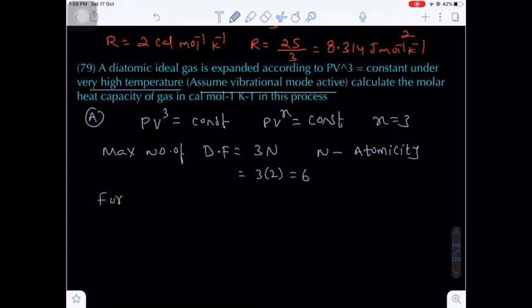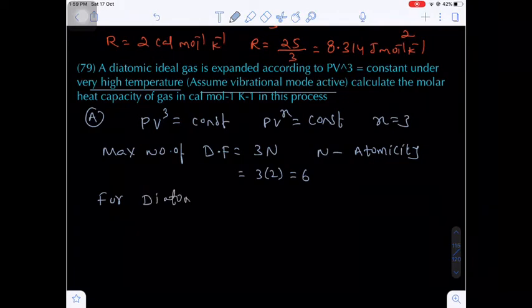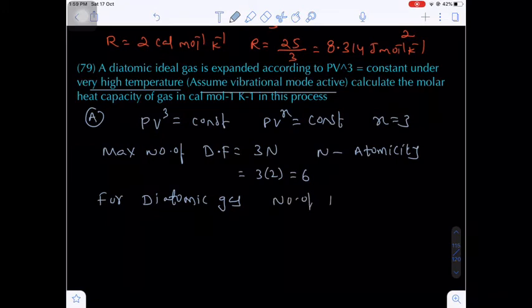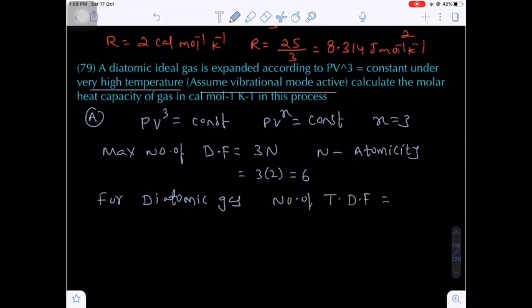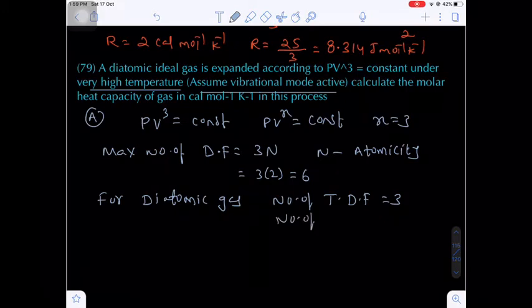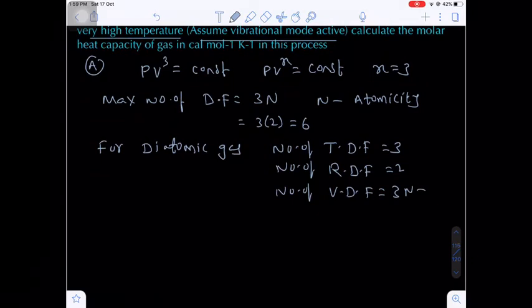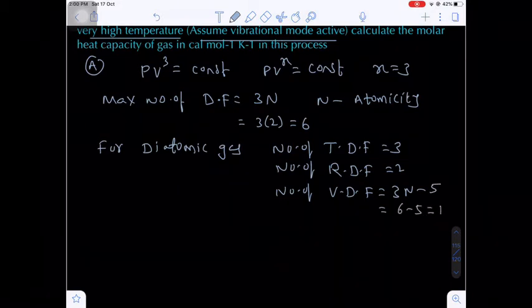In case of a diatomic gas, the number of translational degrees of freedom will be 3 and the number of rotational degrees of freedom will be 2. The remaining degrees of freedom will be vibrational. So the number of vibrational degrees of freedom is the total minus translational as well as rotational. So 3 plus 2 is 5, and 6 minus 5 is 1.